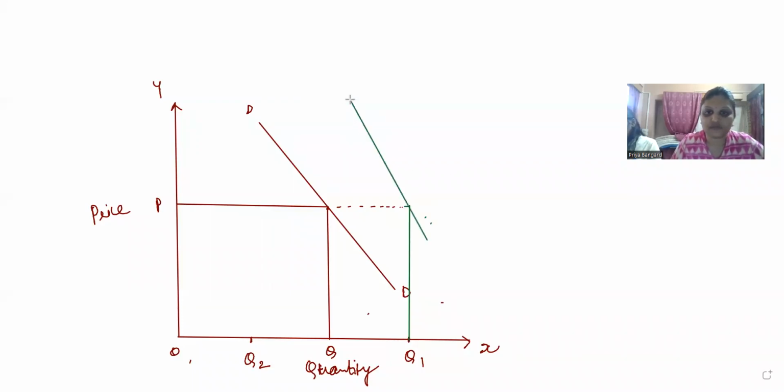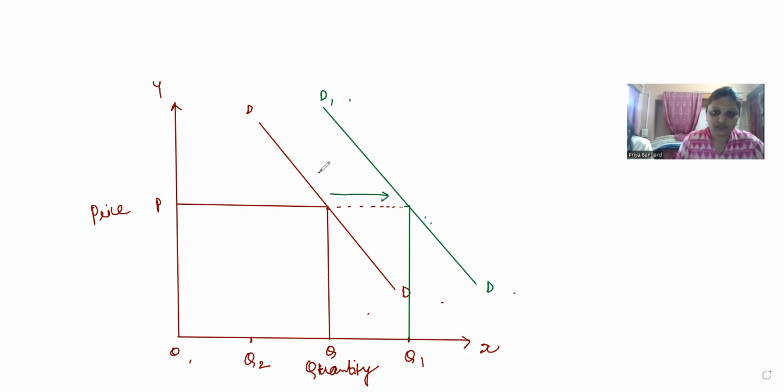So rightward shift is known as increase in demand. D1, right में shift हुआ, that is increase in demand. लेकिन यदि quantity demanded कम हो गई, point इधर मिलेगा. So now that is the leftward shift. इससे कितने objective questions बनते हैं? There are many.